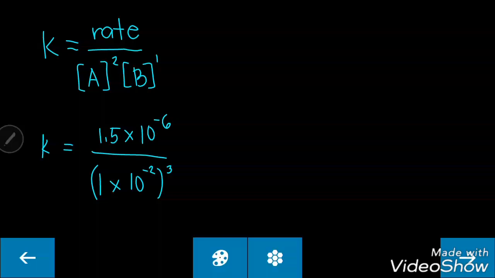So if we plug that into our calculator, we will have a specific rate constant of 1.5, and the unit is M to the negative 2 s to the negative 1.